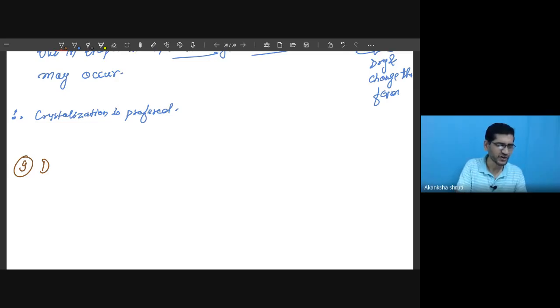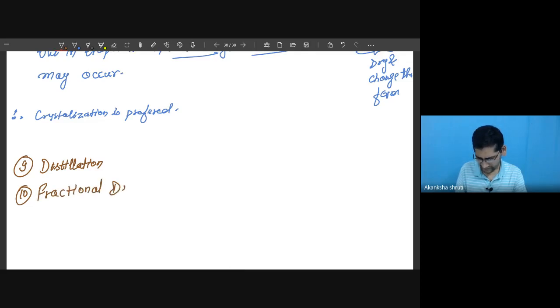And then there is a small topic, purification of water, that we will also see tomorrow. By tomorrow it will surely be finished. I was thinking to finish it today, but because of shortage of time, distillation and fractional distillation we will do in the next class.